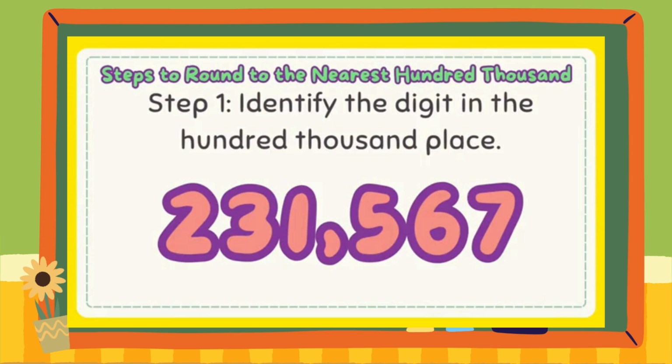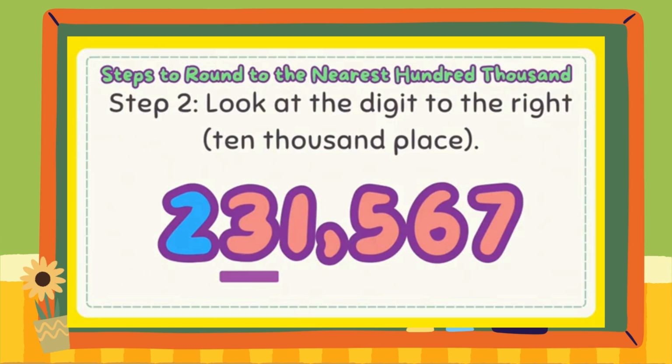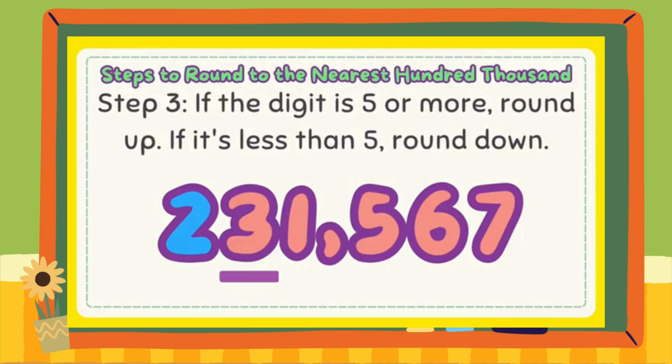Step 1. Identify the digit in the 100,000 place. Digit 2. Step 2. Look at the digit to the right of the 100,000 digit. Digit 3. Step 3. If the digit is 5 or more, round up. If it's less than 5, round down.